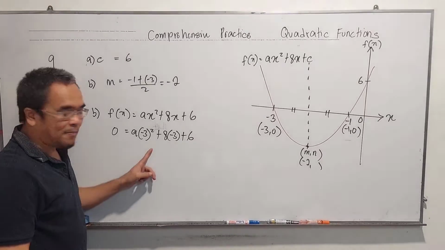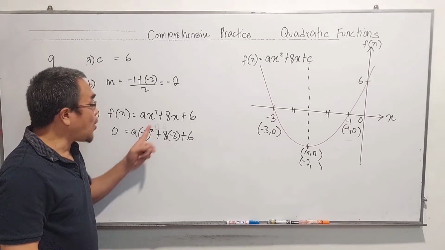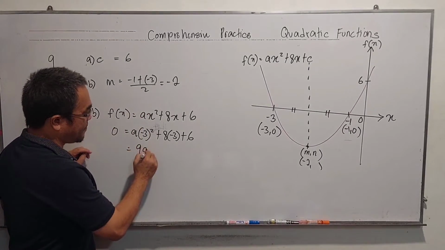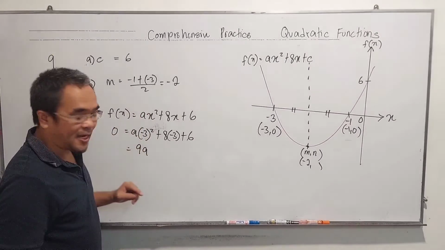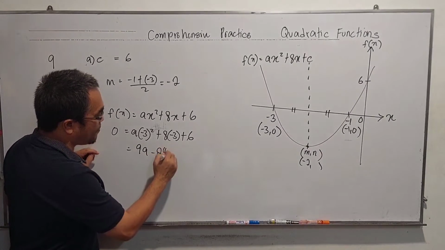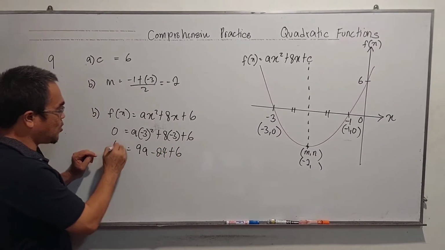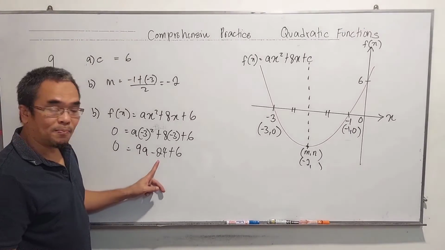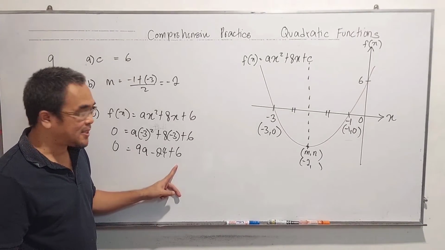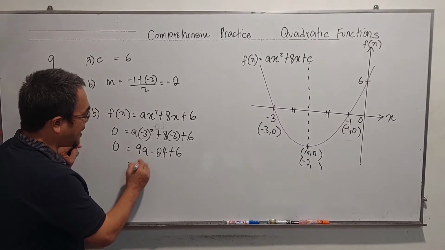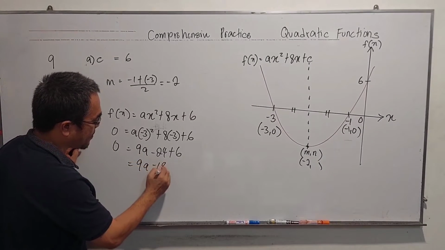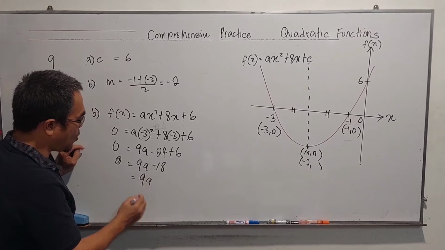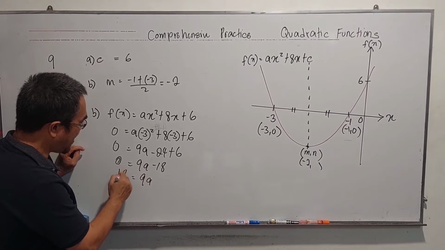What you have to understand about this is you have to square first. -3 squared will be 9. So 9a. 8 times -3 will be -24 plus 6. And in case you want to simplify, -24 plus 6 will be -18, and then 9a equals 18.